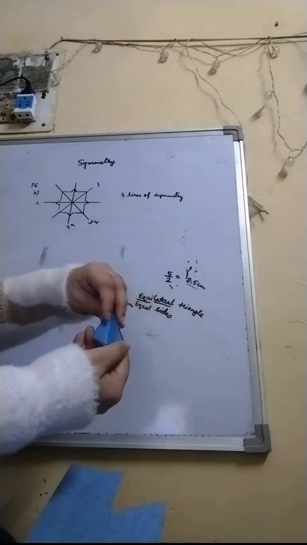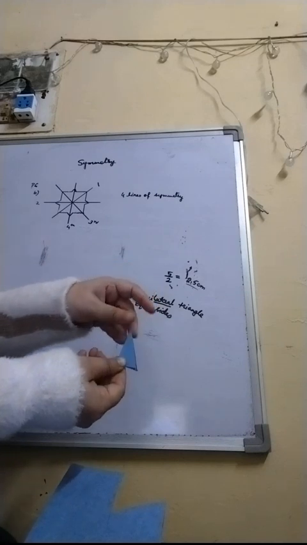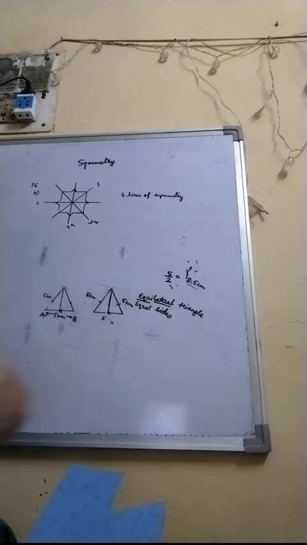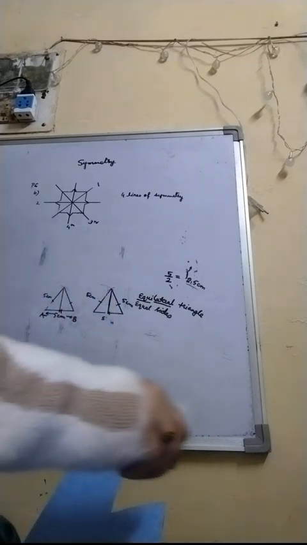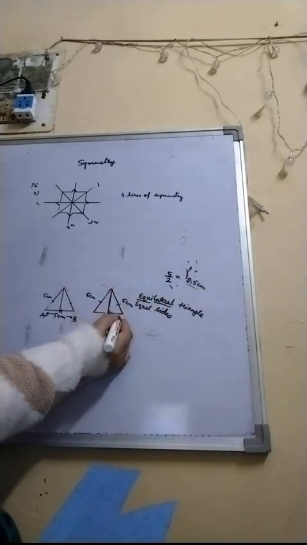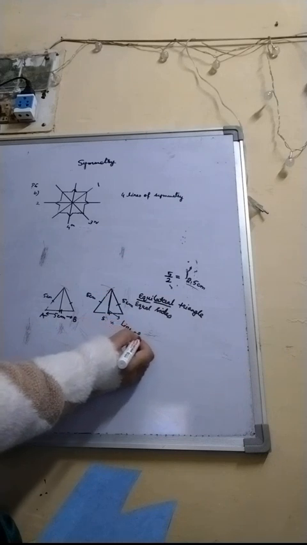The one portion is exactly overlapping the second portion. Okay, so this is the first line of symmetry which we have made, the vertical line of symmetry in this case. Then how else would you get the line of symmetry?